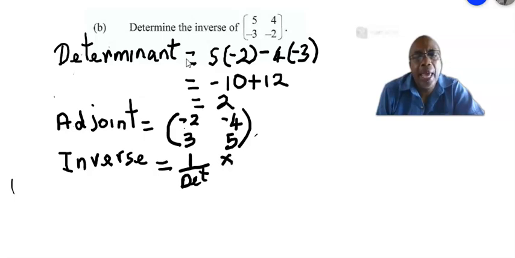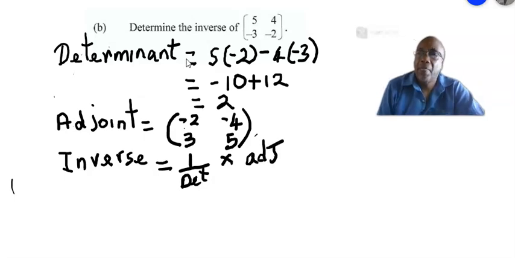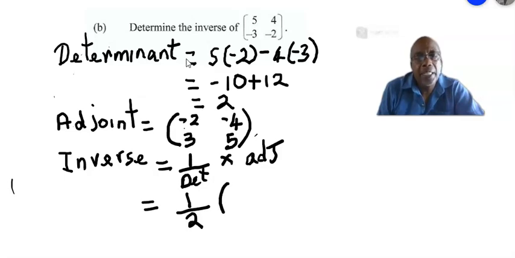And we multiply that by the adjoint. That is how we find the inverse. So we have the determinant and we have the adjoint. So 1 over 2 multiplied by -2, -4, 3, 5.